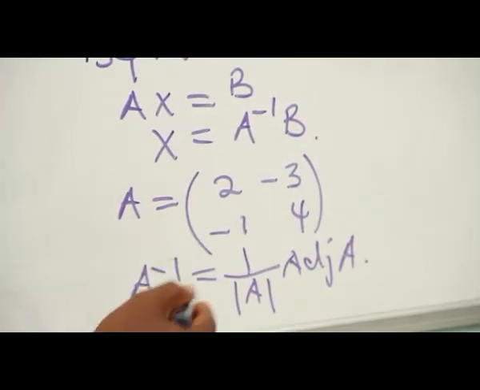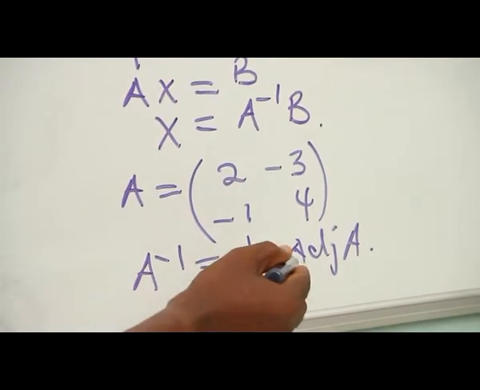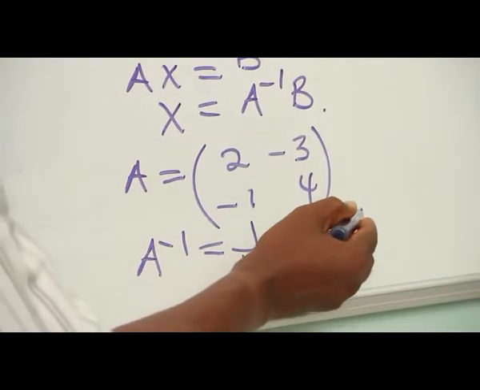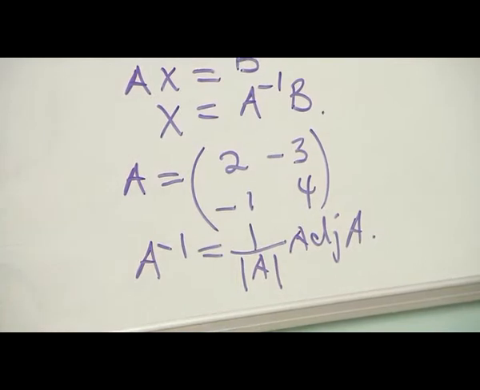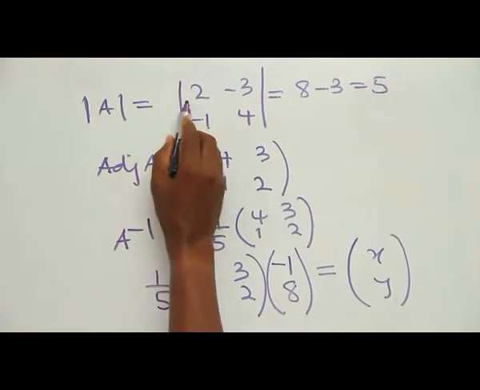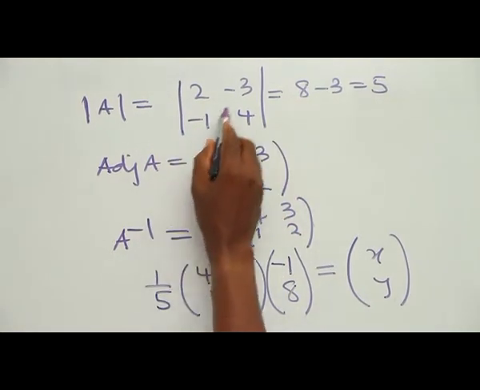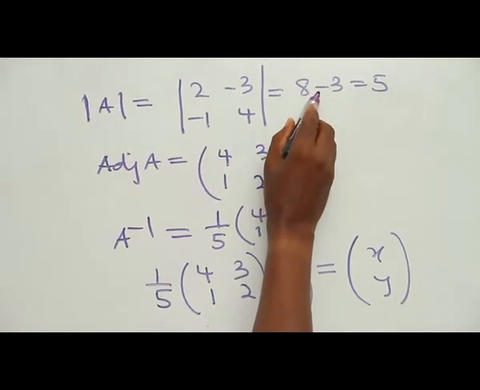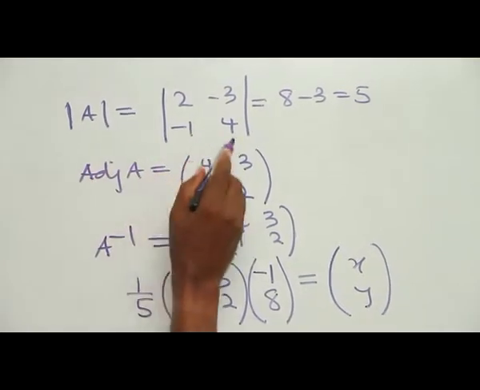And the inverse of A is equal to 1 over the determinant of A times the adjoint of A, which we sometimes call the C transpose, the cofactors transpose of A. You now calculate the determinant of A. And you write this, you multiply 2 by 4, 8. Minus 1 times minus 3 is plus 3. The minus sign is there because that is the formula. You have 5. So we have gotten the determinant of A.